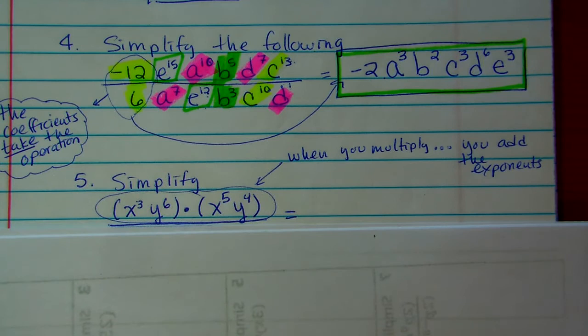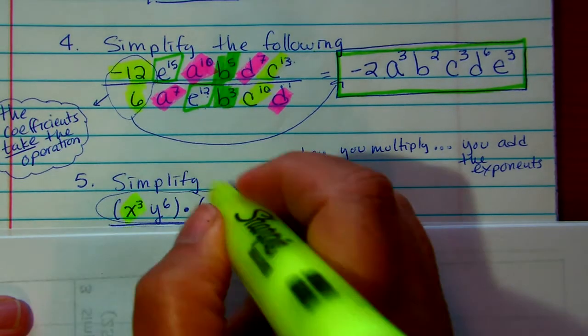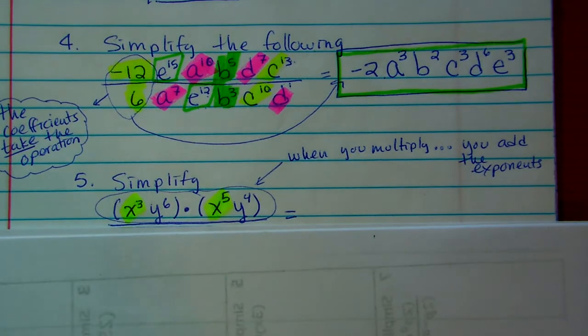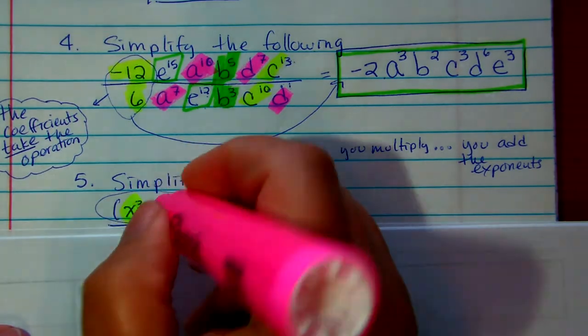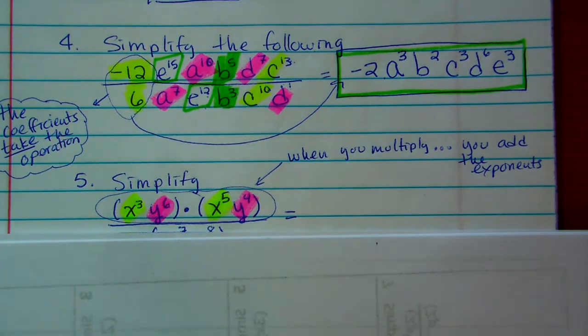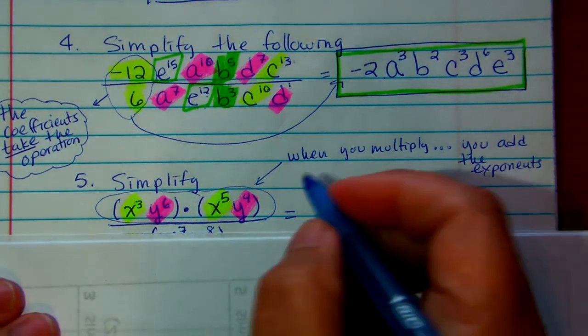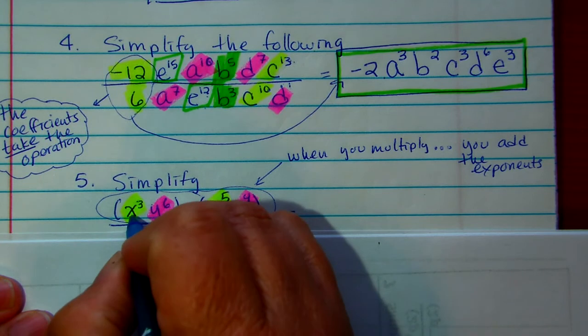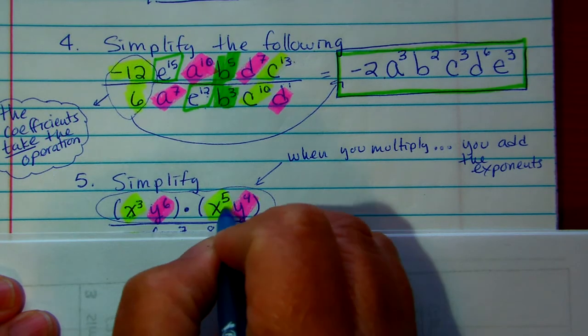Okay, so I see the x, so everything here is multiplying, and I have the y's. Just to recap the multiplication, when you multiply, you add the exponents. So you have x to the power of 3 times x to the power of 5.